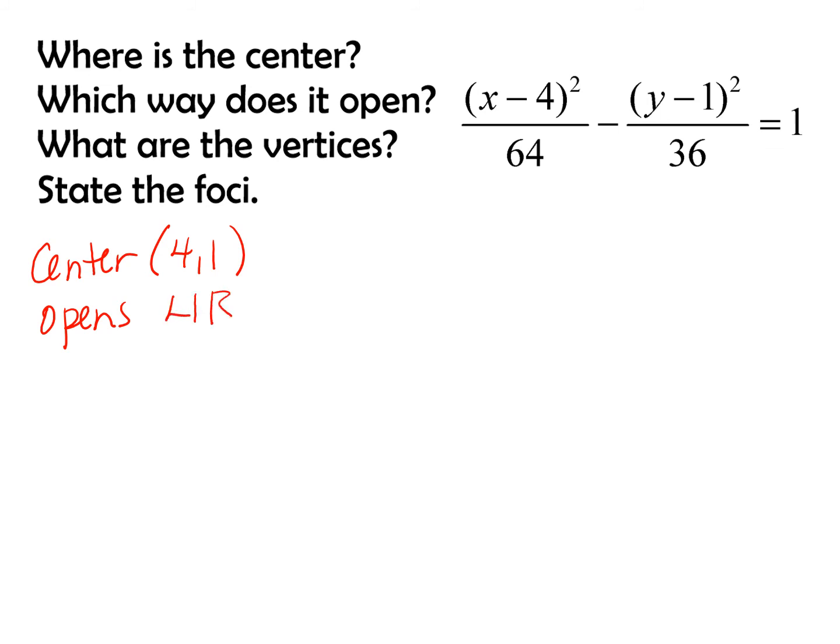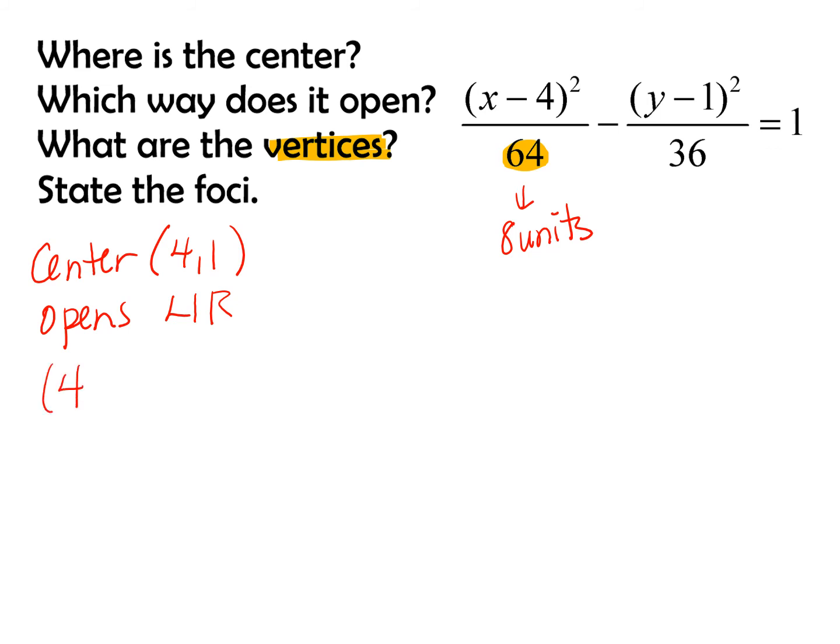The vertices, because it's going to open left or right. Again, reminder, for the vertices, we're going to look at the 64, and we're going to think that that is 8 units. And again, it's underneath the X. So we're going to take the center, which was 4, 1.